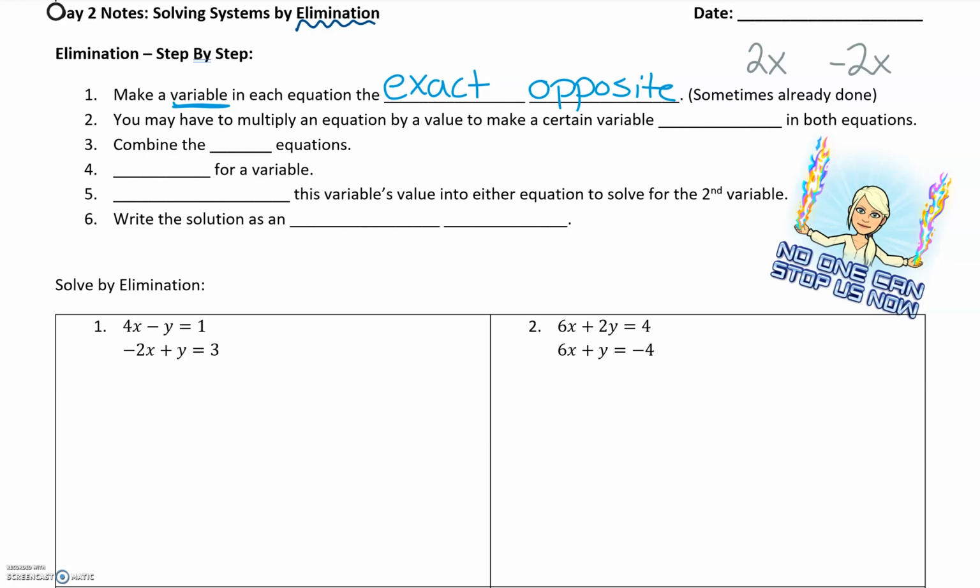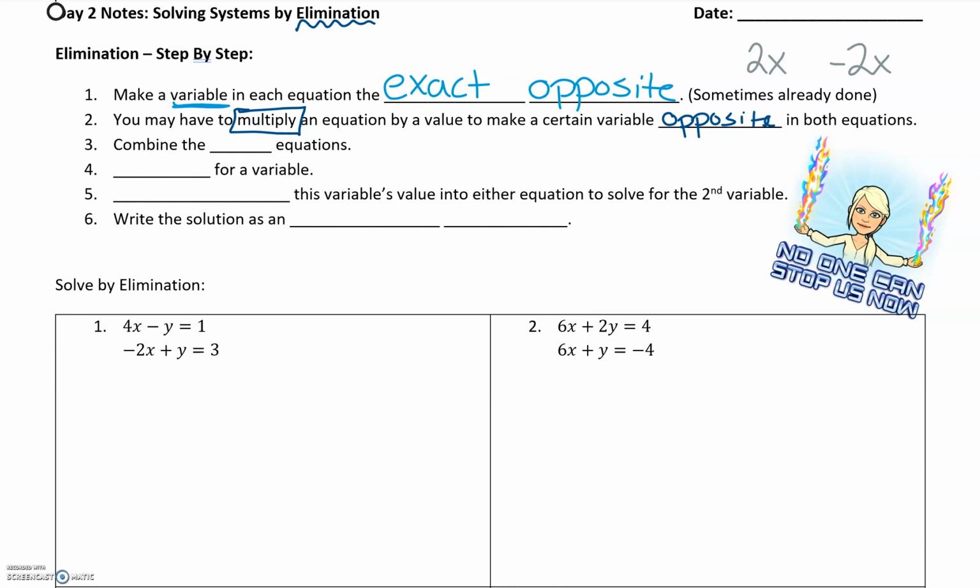It says you may have to multiply an equation by a value to make a certain variable opposite in both equations. That just means that if I don't have a piece from the first one and a piece from the second one that are exact opposites, we might have to multiply one of the equations. Sometimes we have to multiply both equations by a value, a number, in order to make them opposites.